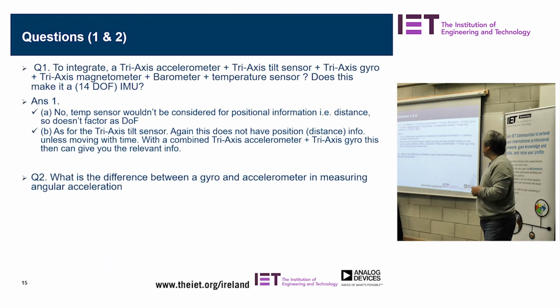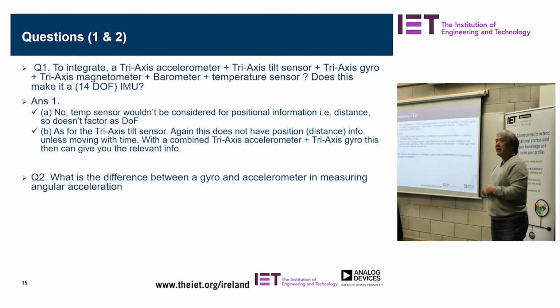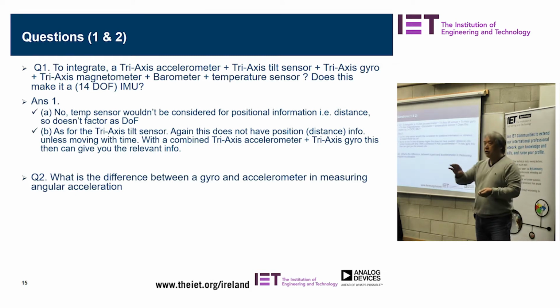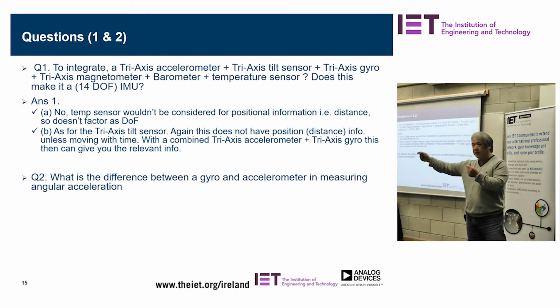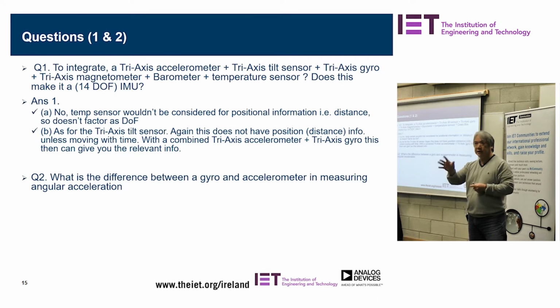Okay, here's another question. What's the difference between a gyro and an accelerometer in measuring angular acceleration? The trick here is a gyro can stand still, and you move, you still spin, and it gives you the rotation. Whereas the accelerometer depends on the distance out. With a gyro, it can be pivoted and still measure at the same time.